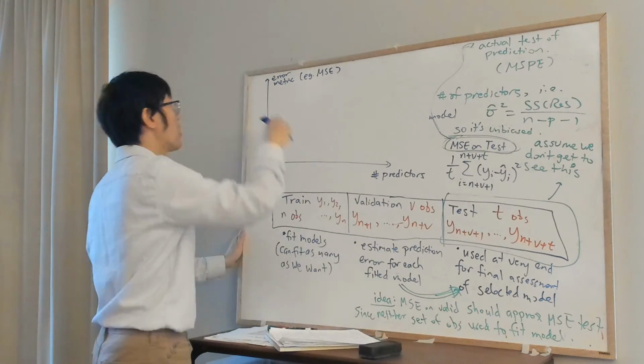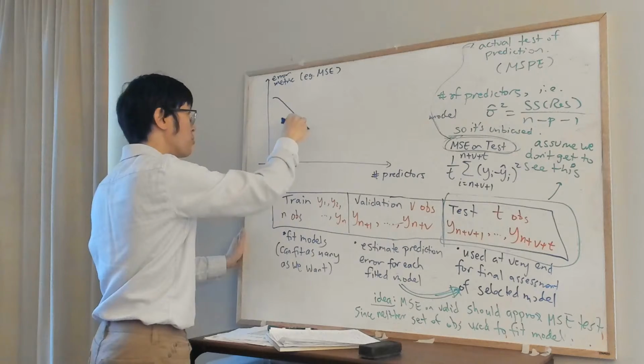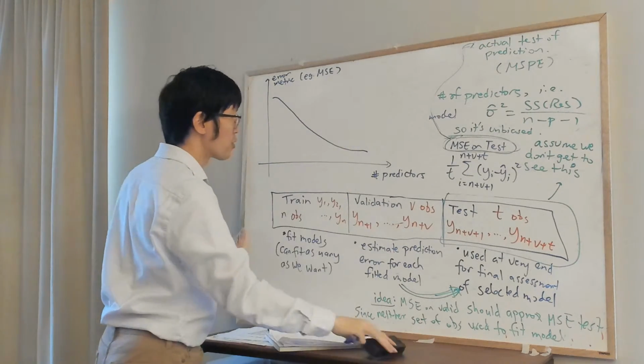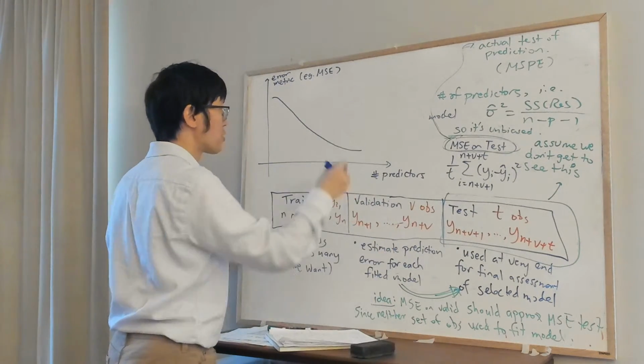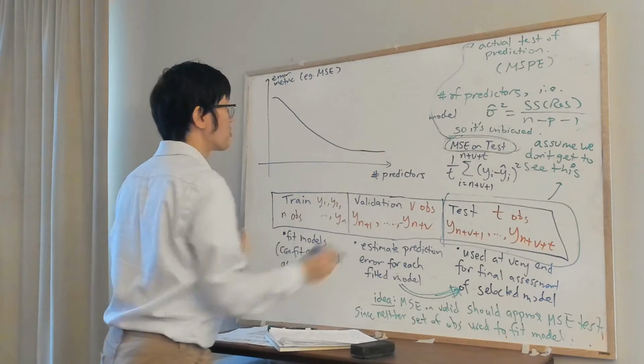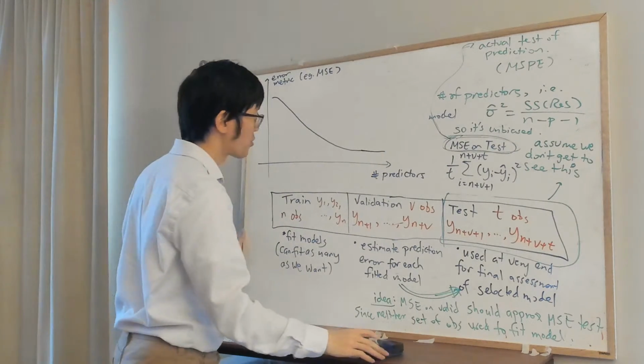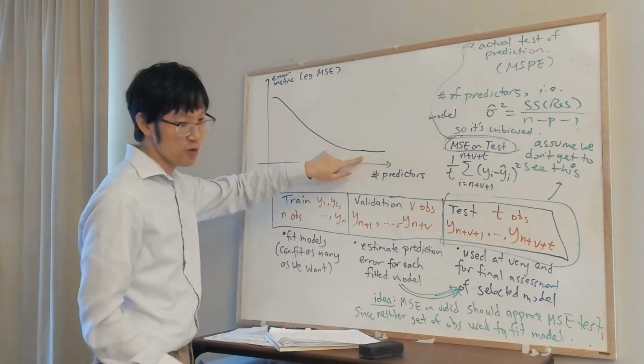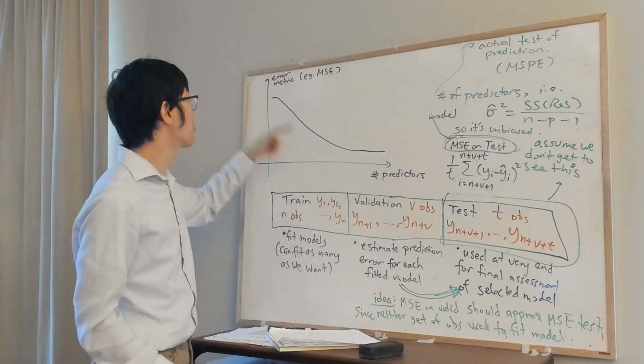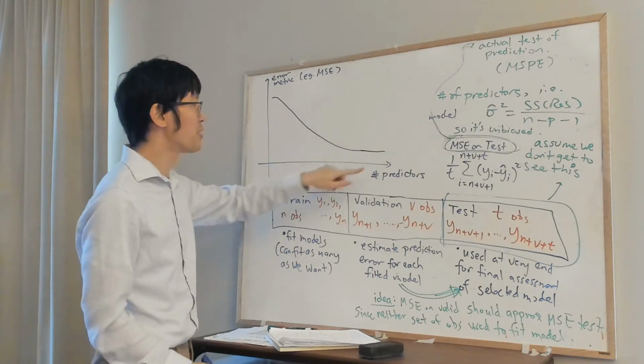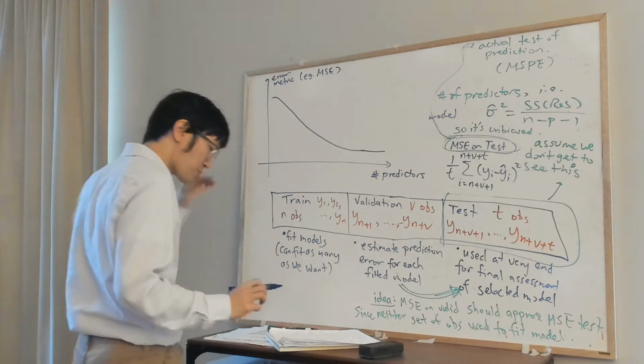Intuitively, the error metric is going to go down as you put in more predictors, and then at some point it'll probably level off. Sometimes it doesn't. Sometimes you can put in so many predictors that you can almost get the error metric on your training data to approach 0.